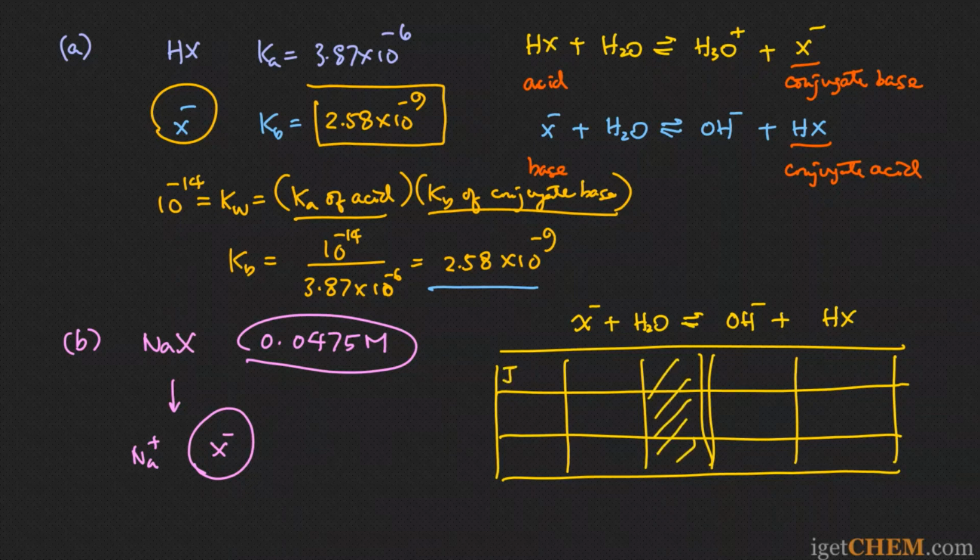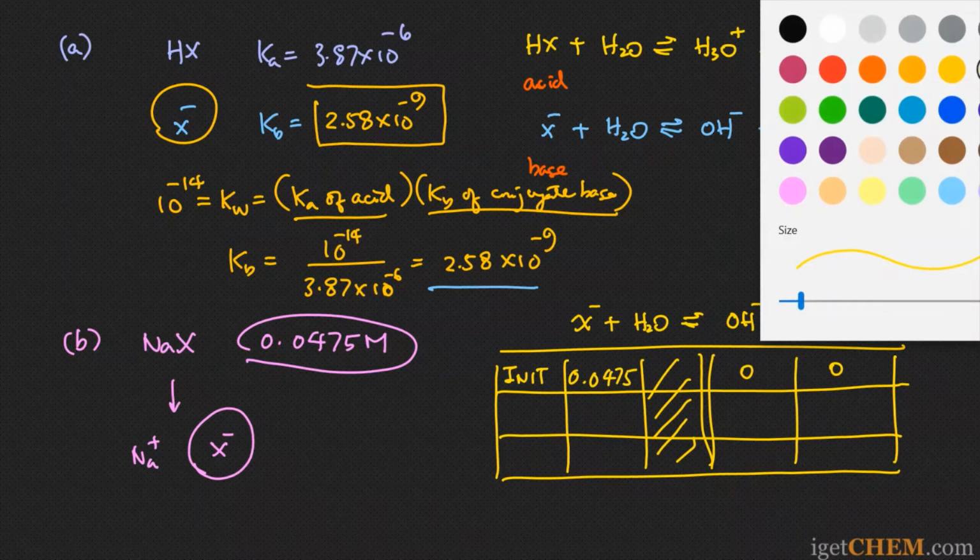So again, initial, we have concentration of X minus 0.0475 molar, 0 and 0 for OH minus and HX.